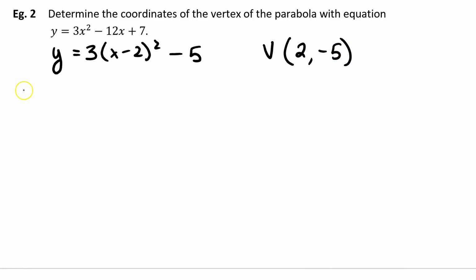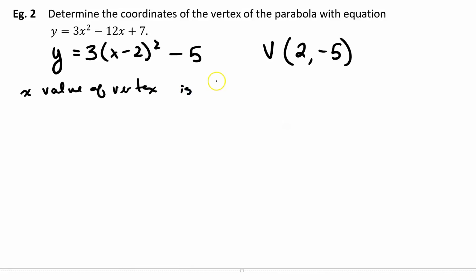But what happens when we say that the x value of the vertex is negative b over 2a? Now, my b is negative 12, and my a is 3. So all I'm going to do is substitute those values in. So the x value of the vertex is going to be negative 12 over 2 times 3.